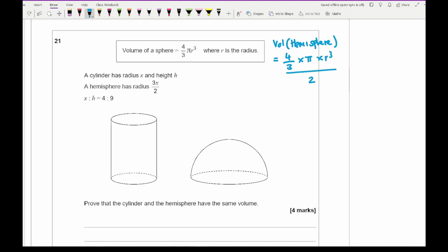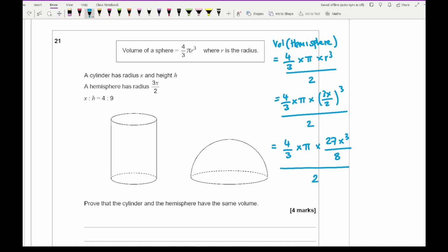We know that the radius is 3x over 2, so it's going to be 4/3 times pi times (3x over 2) cubed, all divided by 2. Simplifying this, we get 4/3 times pi, and then (3x) cubed gives me 27x cubed, and 2 cubed is 8, and we're going to divide that all by 2.